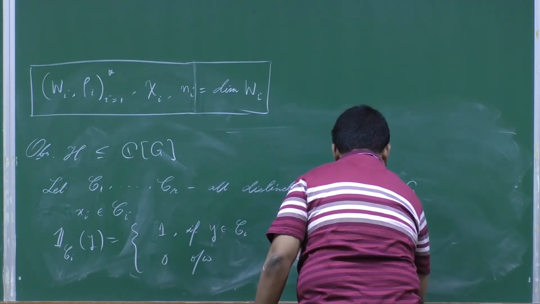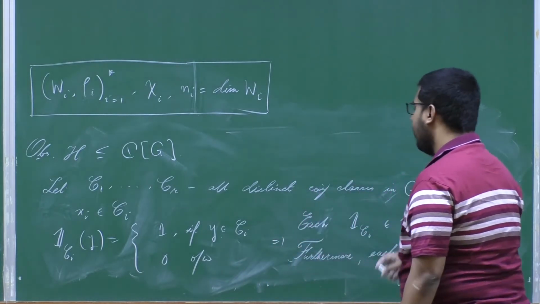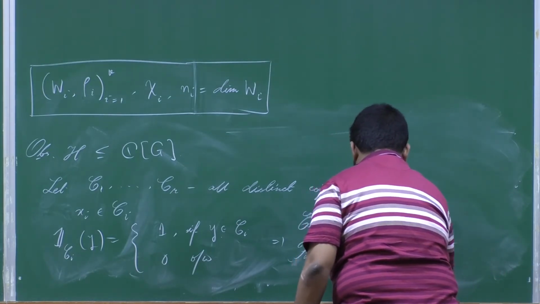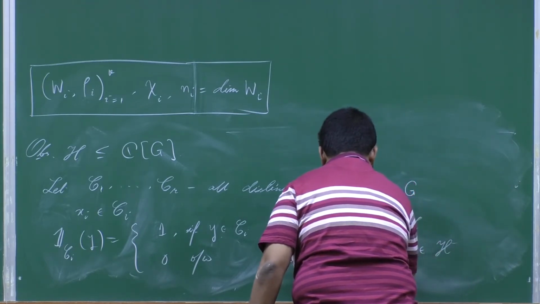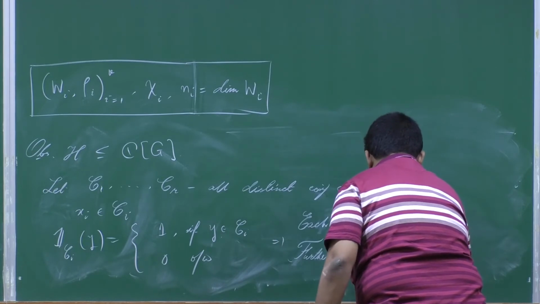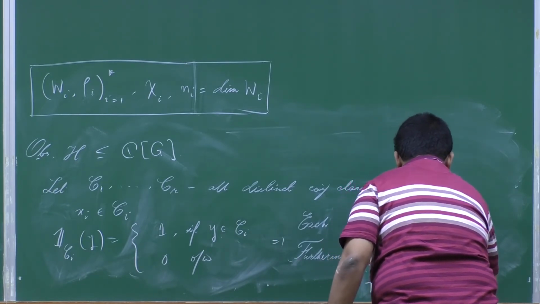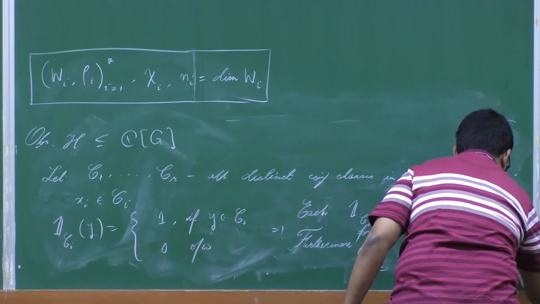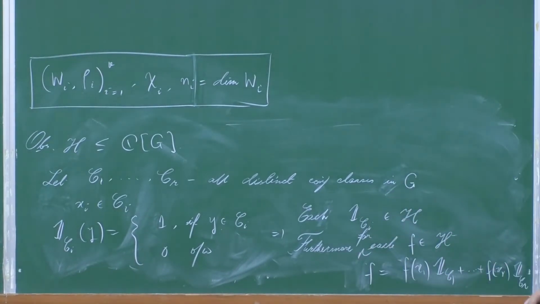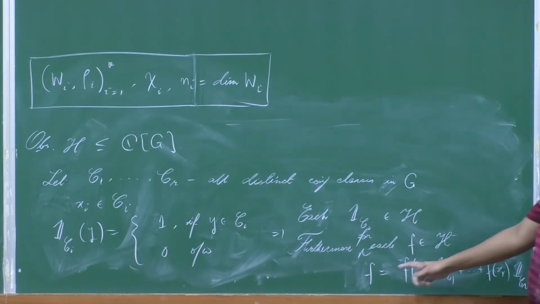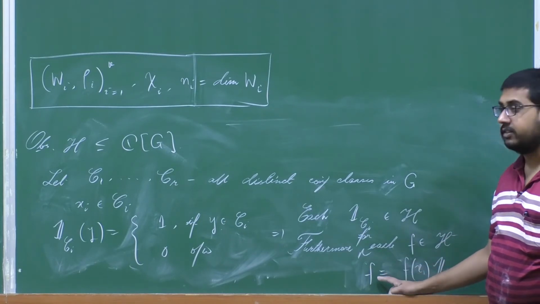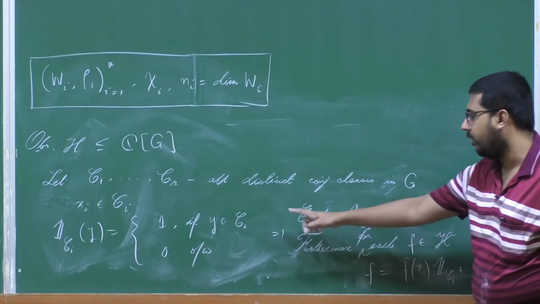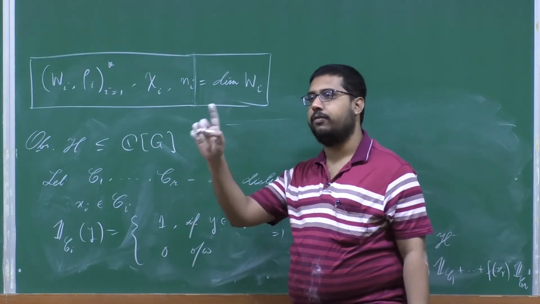Furthermore, each f lying in H can be written as f equals f of x1 times the indicator of C1 plus and so on up to f of xr times the indicator of Cr. Because if you take any arbitrary point y, it must be in exactly one of these Ci, so the left hand side f of y will be f of xi.